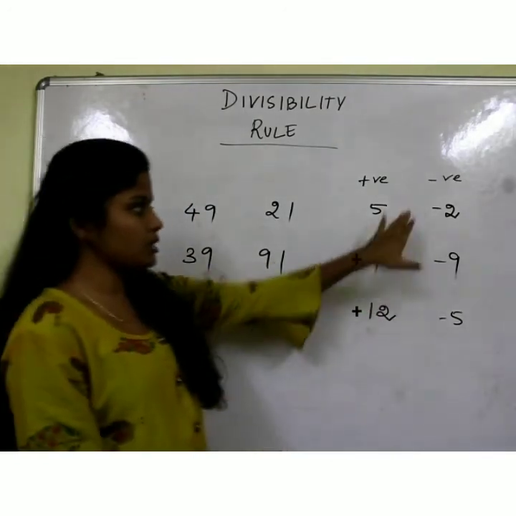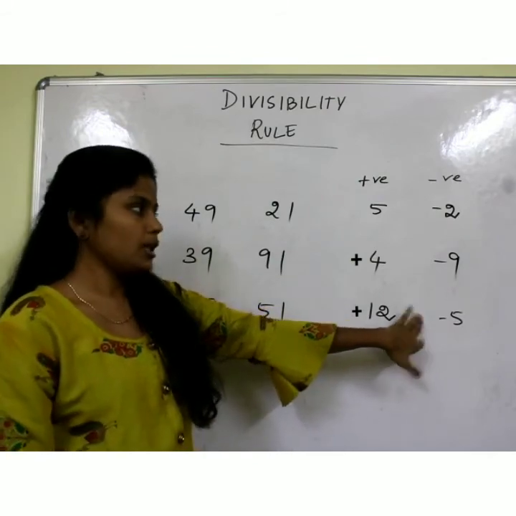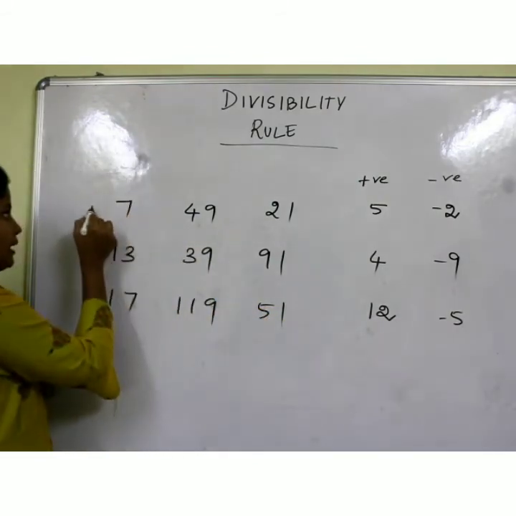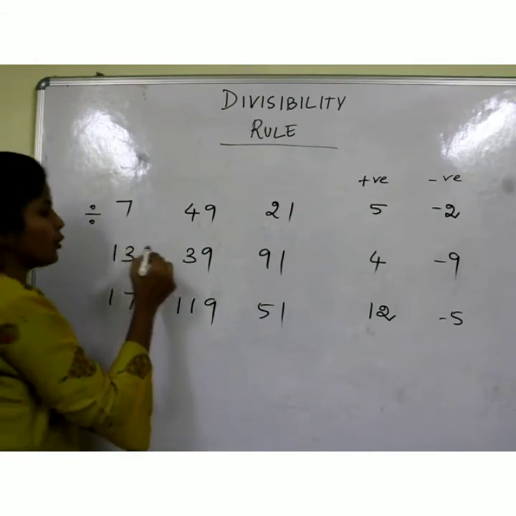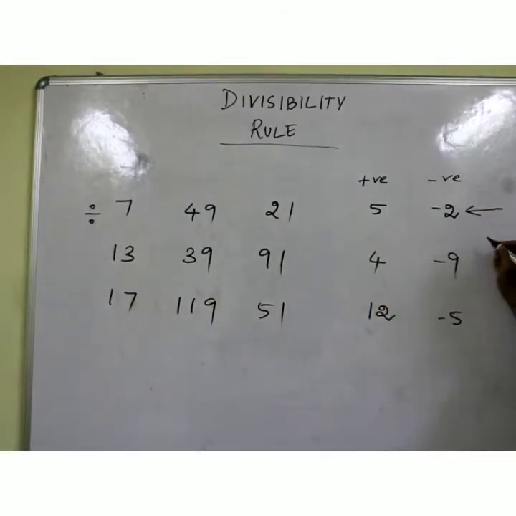So these numbers are for framing the divisibility rule. For a number to be divisible by 7, you are going to multiply the last digit with 2 and subtract it from the remaining numbers, and do the same until you get a single digit number.